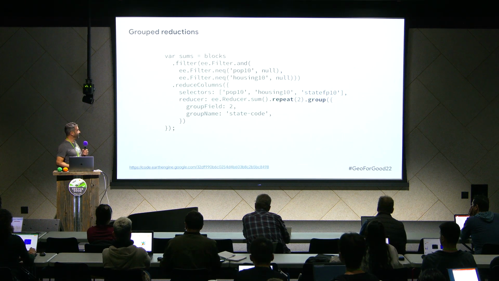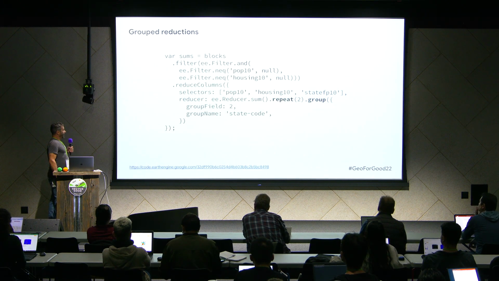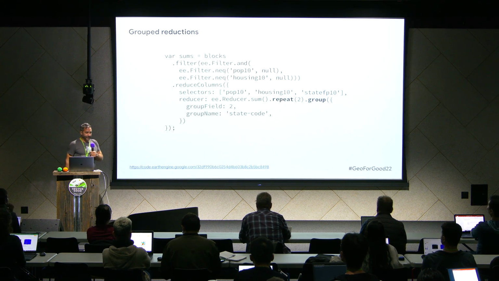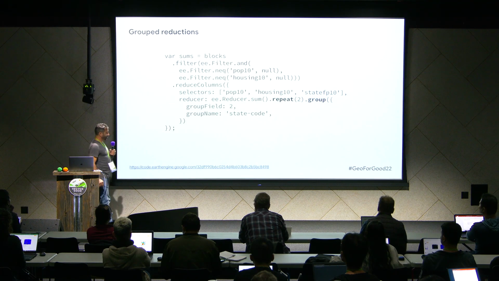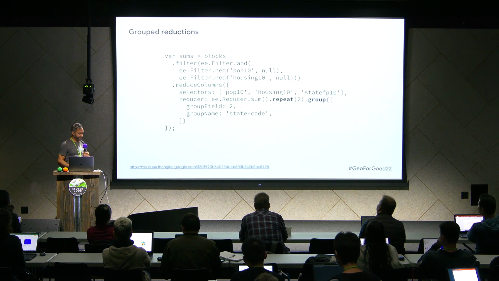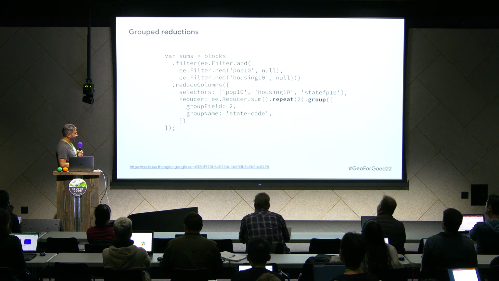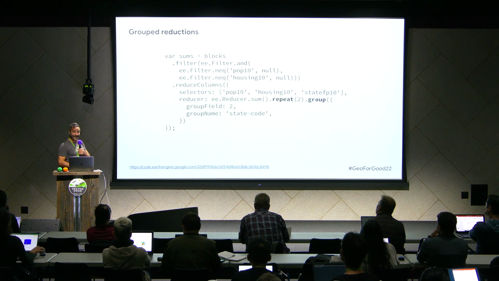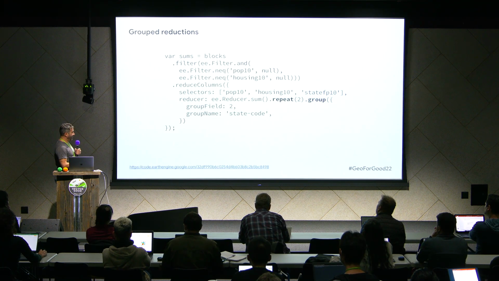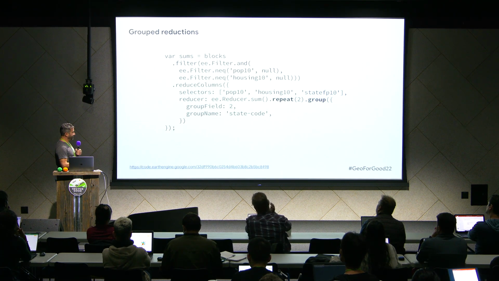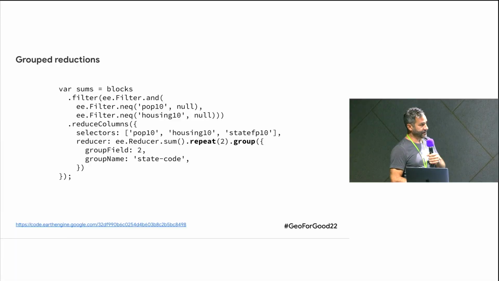Okay. Grouped reductions. It's handy to have a separate reduction for each group of the input. And here's how you do that. First of all, because this is a table reduction, you have to repeat the reducer for each of the properties that you want to reduce.